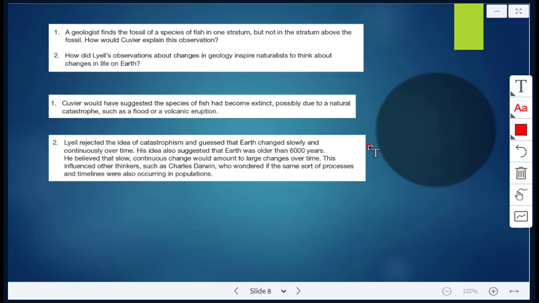His idea had also suggested that Earth was older than 6,000 years. So he believed that slow, continuous change would amount to large changes over time. All right, and then his proposed idea influenced other thinkers like Charles Darwin, who wondered if the same sort of processes and timelines were also occurring in populations.